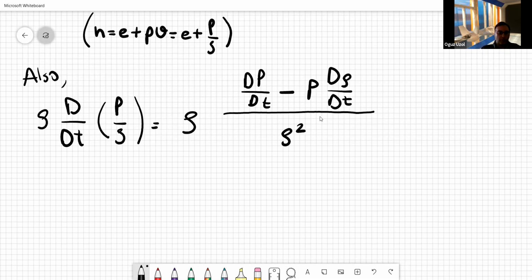From here, I see some interesting terms. First of all, this one, d rho/dt, we see the same term in the continuity equation. This is equal to minus rho times the gradient operator dot product velocity vector. This is from the differential form of the continuity equation that we have seen yesterday.